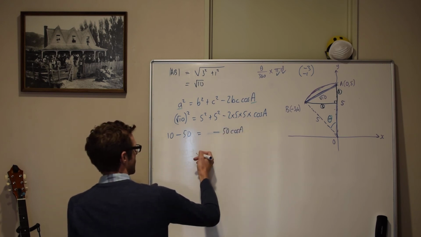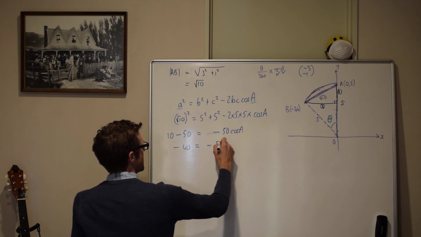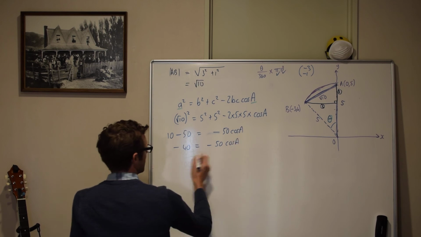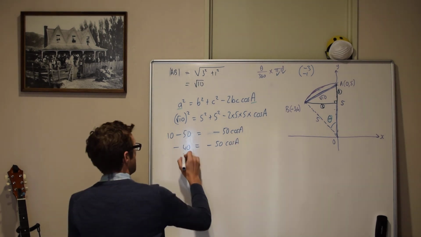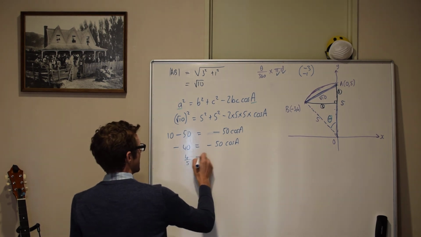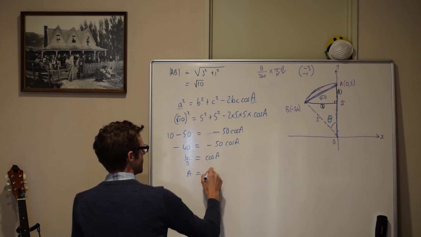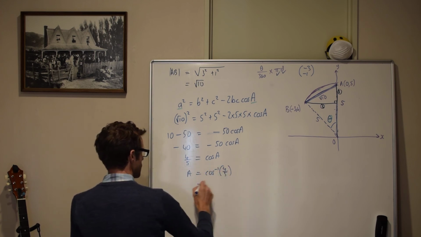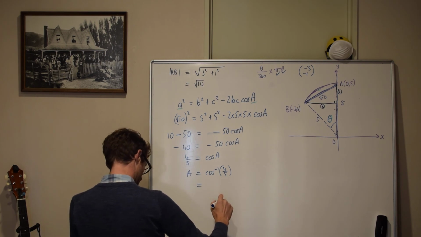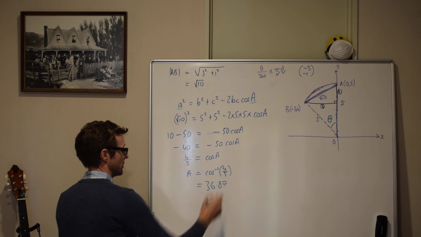Hopefully that's alright to you. So this is minus 40 is equal to negative 50 cosine A. So negative 40 divided by negative 50 is going to be 4/5. And therefore A is equal to the inverse cosine of 4/5. And if you do that, you should get, I think it's about 36.87 degrees.